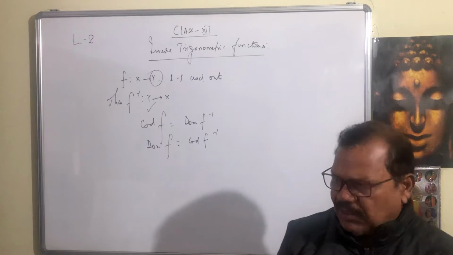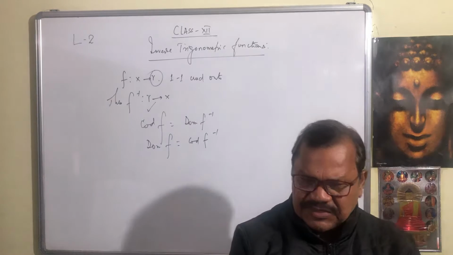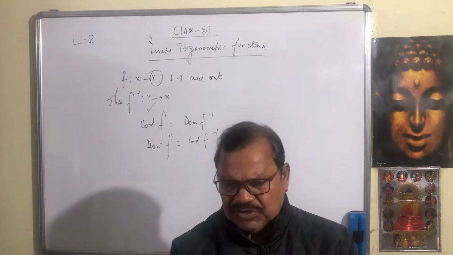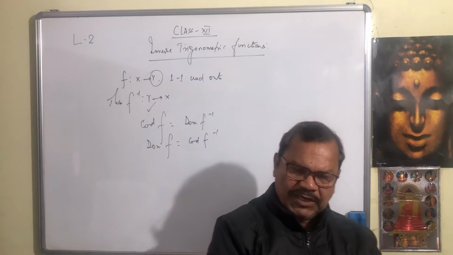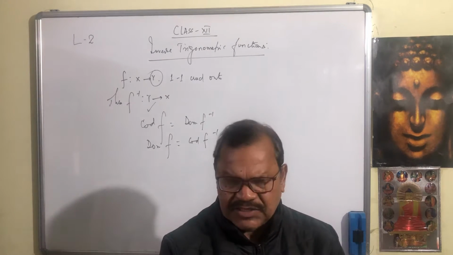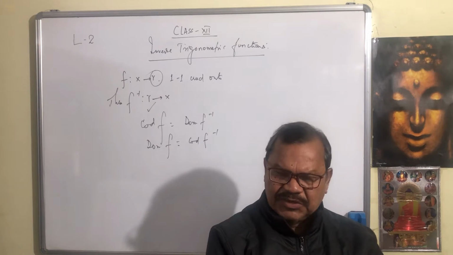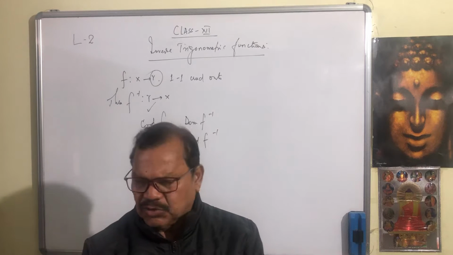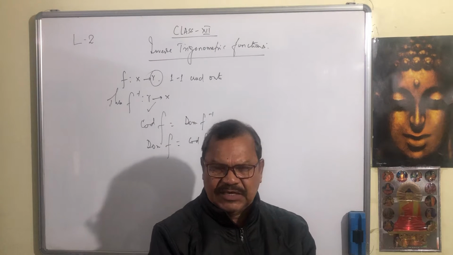Now we shall see, since the function sin x has maximum value 1 for all x belongs to R and minimum value -1 for all x belongs to R, we shall make certain restrictions over the function sin x and cos x, tan x, cosec x, sec x, so that it becomes 1-1 and onto, that is, inverse can exist.